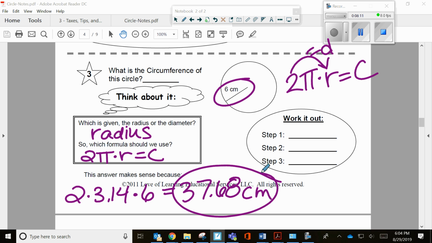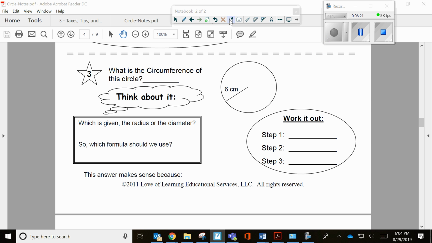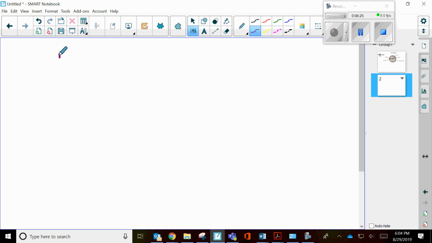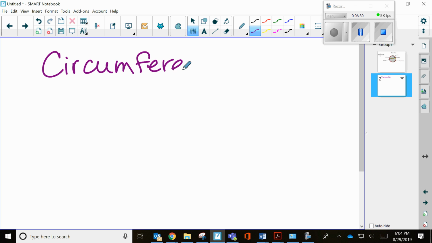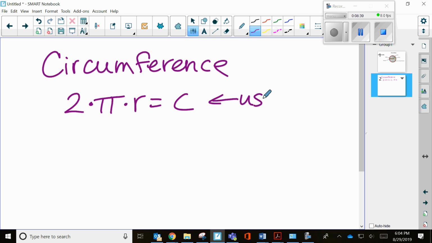You do not have the page with the example problems, but you can write them down. So these are the two formulas that you need to think about and know. You have two formulas for circumference. You have 2 times pi times r equals circumference, so you use this when given the radius.